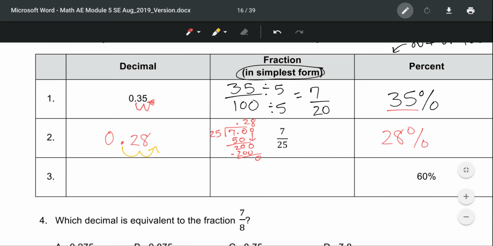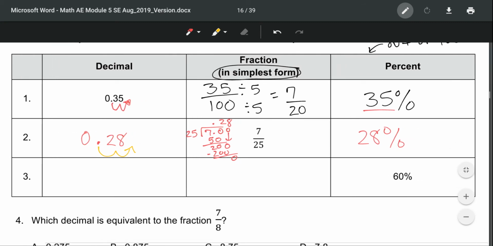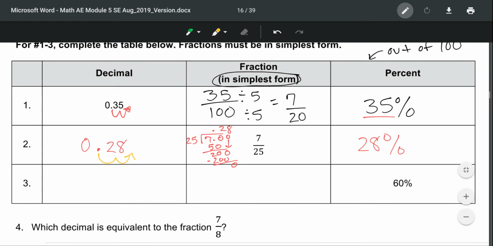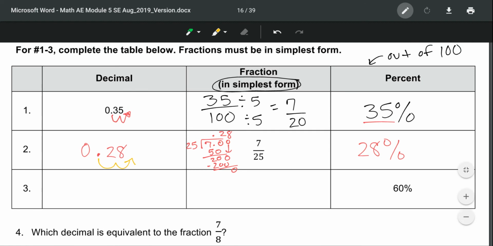Okay, 60% for number 3, we want to convert that into a fraction. So 60%, remember percent means out of 100. So 60% would be 60 out of 100, which I can reduce by dividing the numerator and denominator by 10.